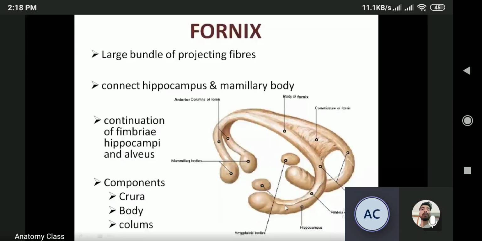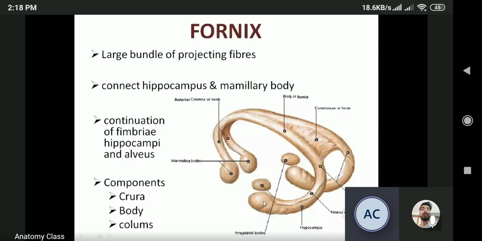Like the corpus callosum, which has got the rostrum, genu, body, and splenium, similarly fornix has got different component parts. First, it begins from the hippocampus in the form of crura of the fornix on either side.